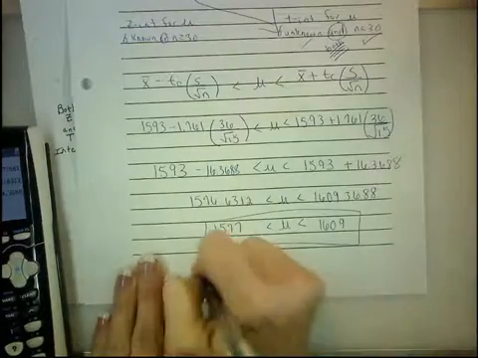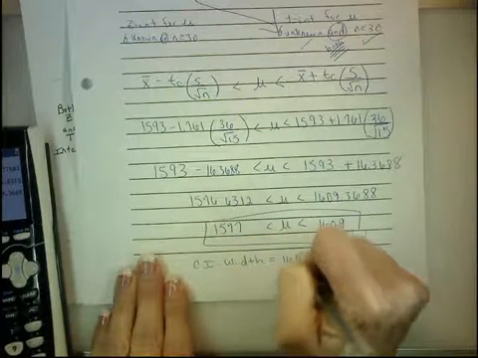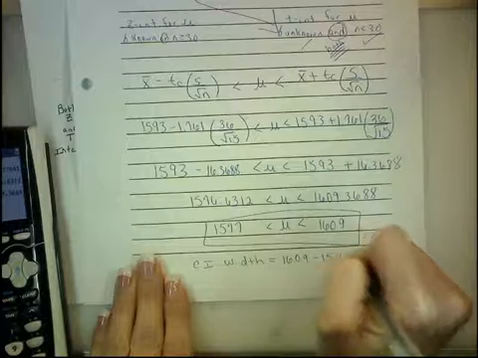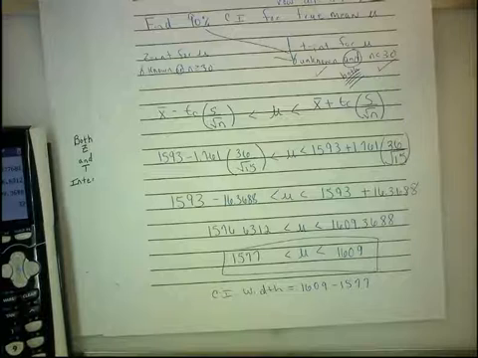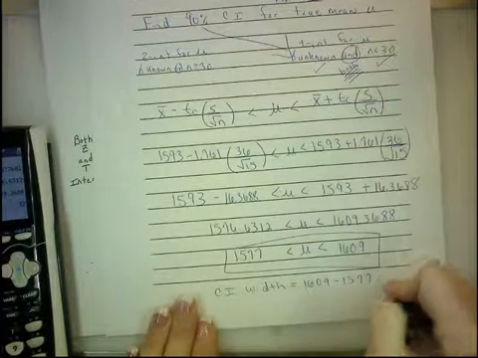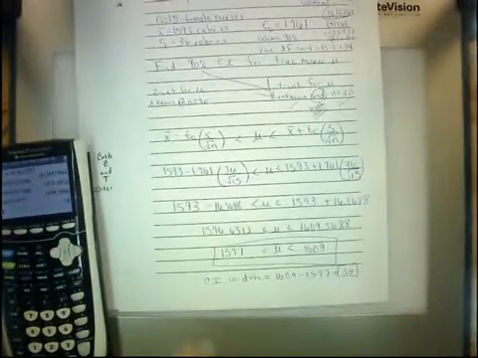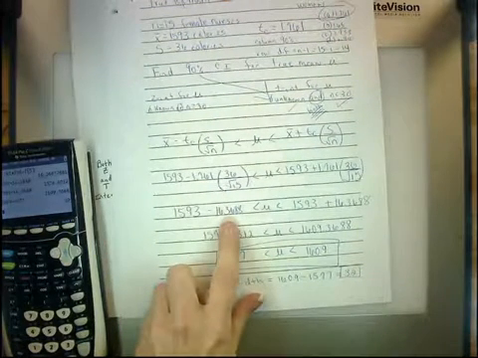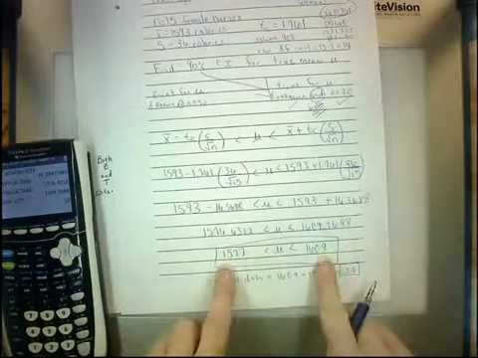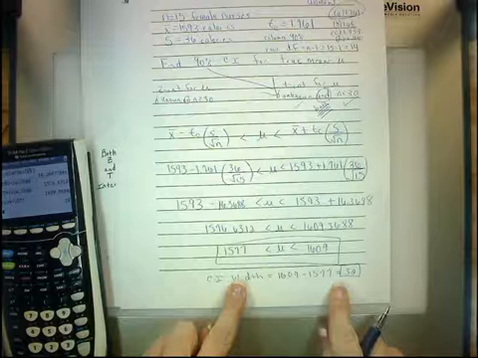Your confidence interval width, 1609 minus 1577, is a difference of 32. On the test, I will ask you for this problem just to give me the critical value, just to give me E, to give me the final answer rounded accurately, and to give the confidence interval width.